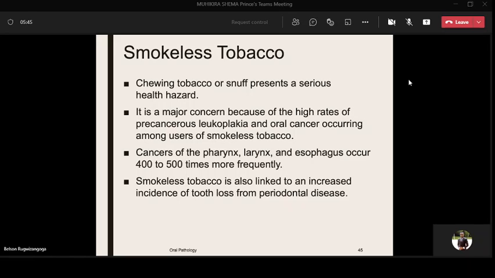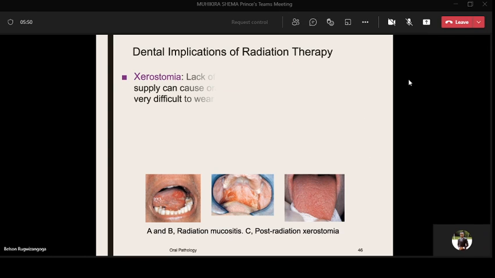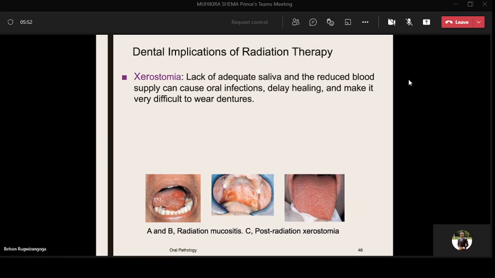Dental implications of radiation therapy. If someone has received radiotherapy around the neck or the head, this may have as a complication some problems in the oral cavity. The first one is that the patient will have xerostomia, so the mouth will be dry.